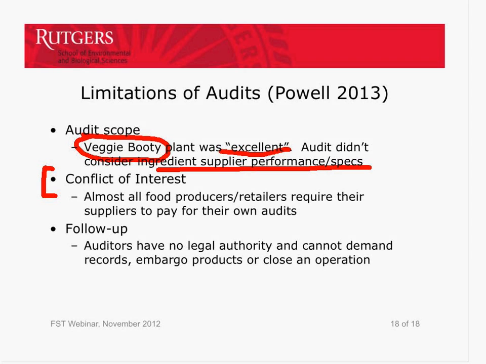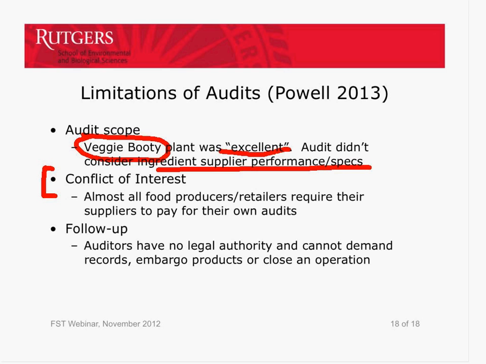So a supplier is paying a company to come in and tell them that they have problems and then to fix those problems. And so that creates an inherent conflict of interest. If the auditor does a really good job and really makes life miserable for the supplier, and the supplier is the one that's paying them, that's not necessarily a good business relationship. I don't know if we have an answer to that yet, but I think it's important that we point it out.